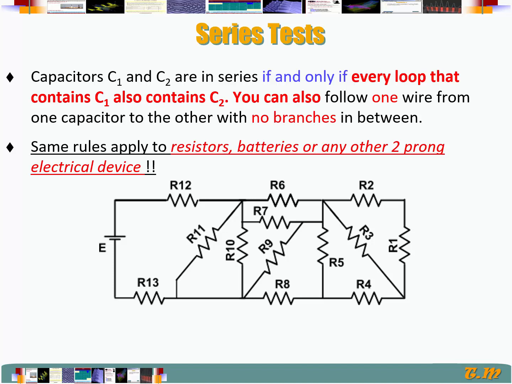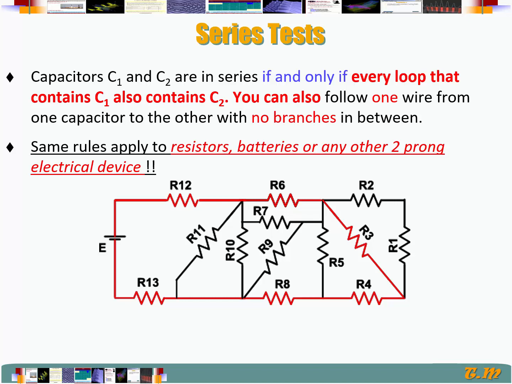Let's check R12 and R6, for example. Okay, so I'm going to do that by drawing a loop that has R12 and R6. I actually prepared that, so that's one loop that I drew that contains R12 and R6.